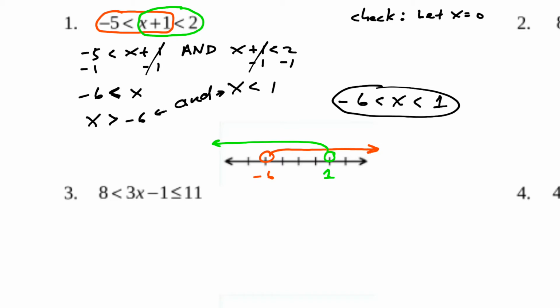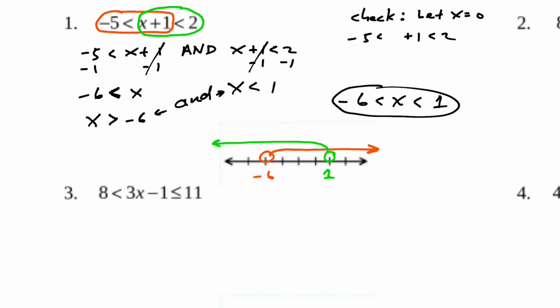So if we look at our original inequality, that was -5 is less than x plus 1 is less than 2. And if this checks correctly, if we did the problem correctly, that should be a true statement when we replace x with 0. So just to save a little room here, I'm going to put in my 0 for x right here.